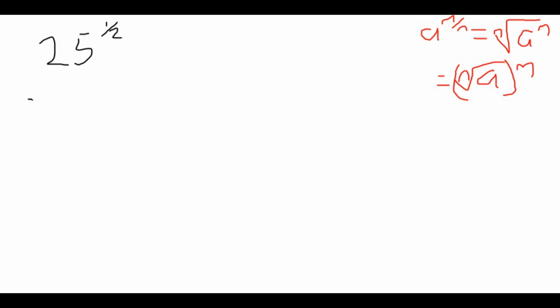So this is equal to the square root of 25, or you can call it the second root. Now the second root of 25 is 5, since 5 times 5 is 25. And this is your answer.